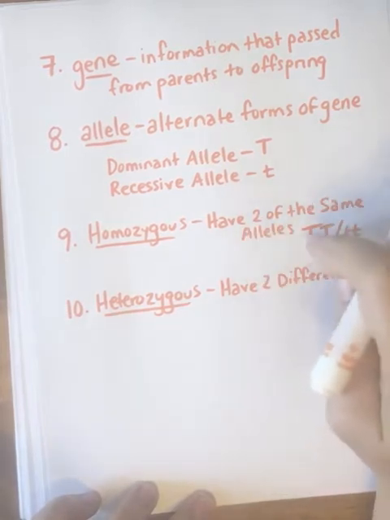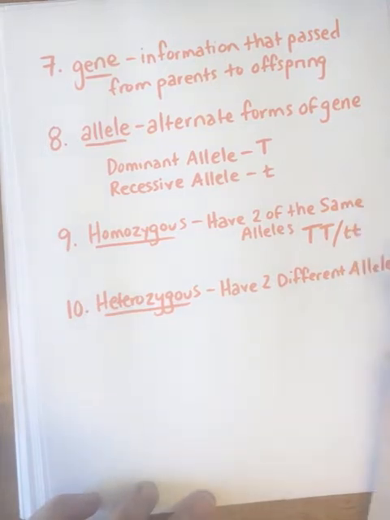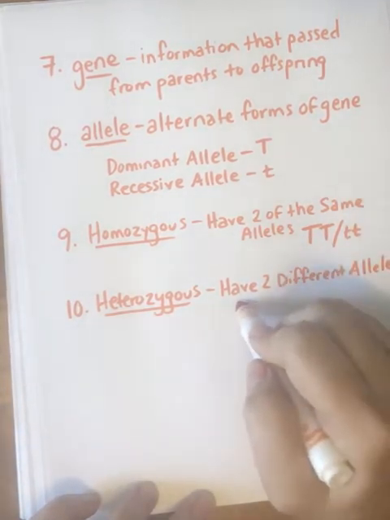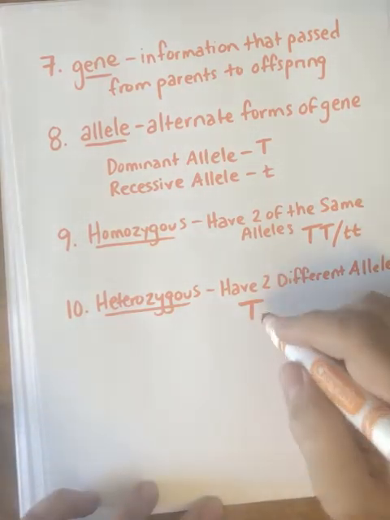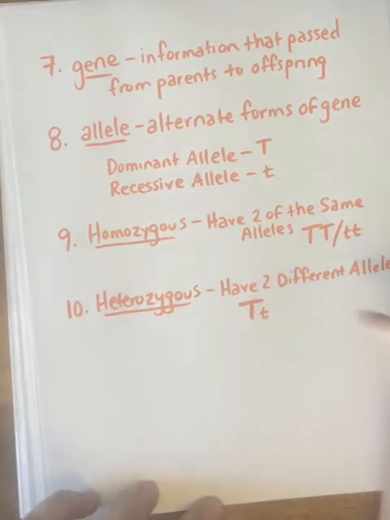Those are homozygous dominant and homozygous recessive alleles. But if you have 2 different alleles, a dominant allele and a recessive allele, that's heterozygous in terms of letters.